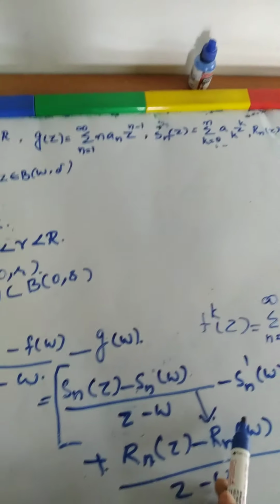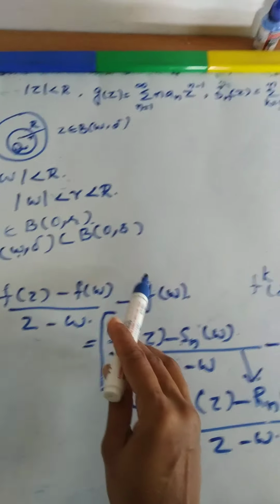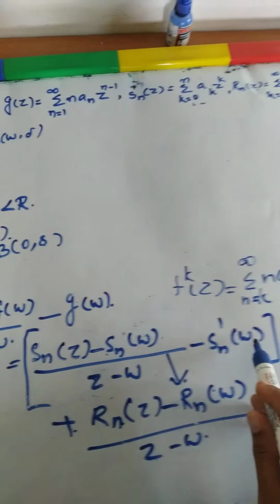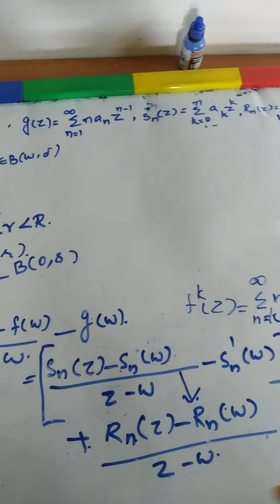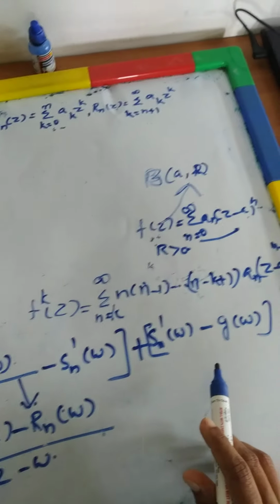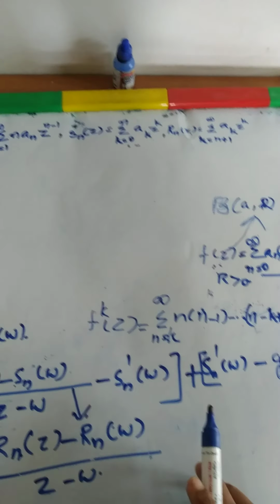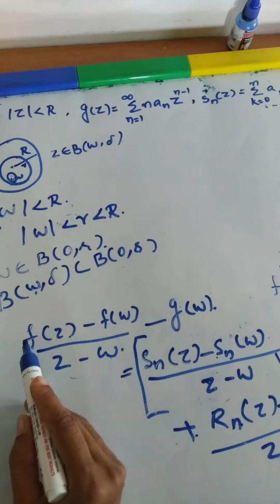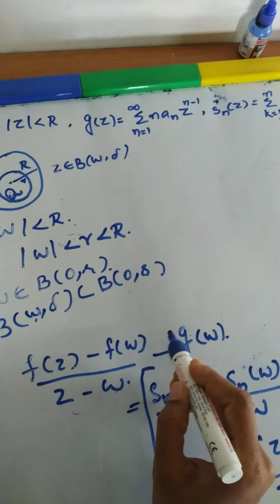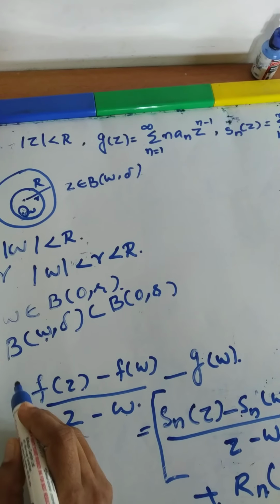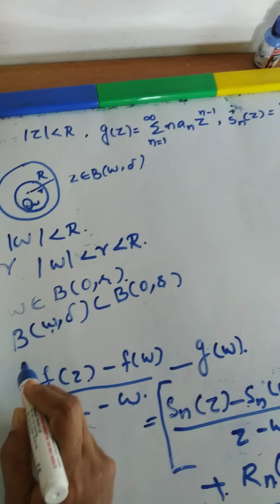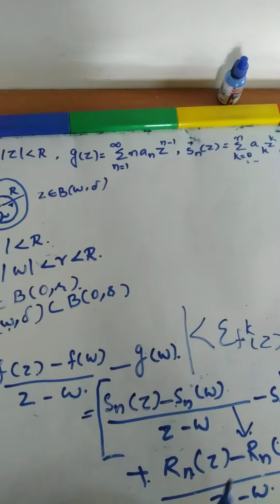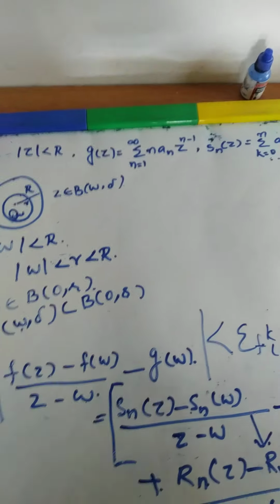Here we rewrite these terms in terms of Sn, Rn and g, so there are three terms. To prove that this limit exists, we need to show that the modulus of this is less than epsilon for every n greater than or equal to some integer.